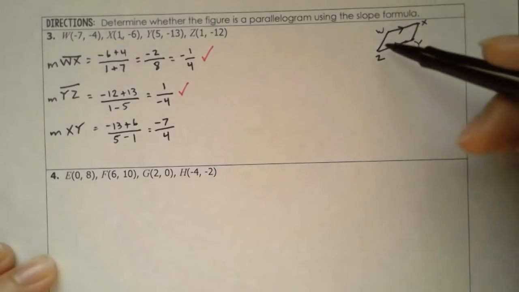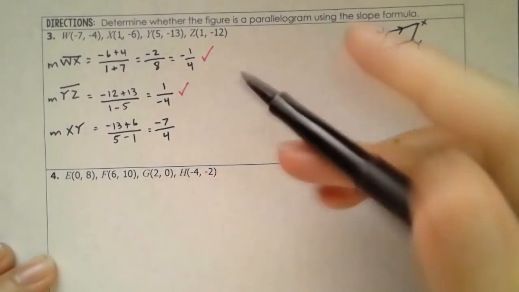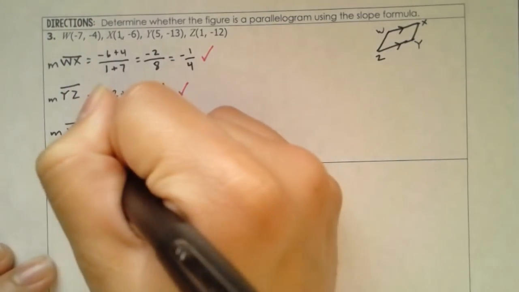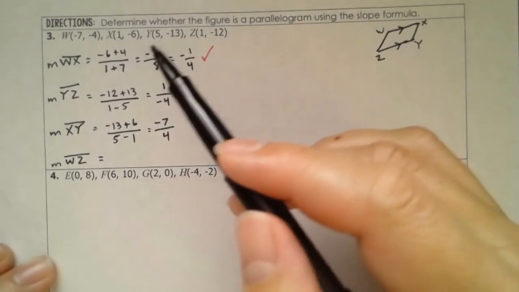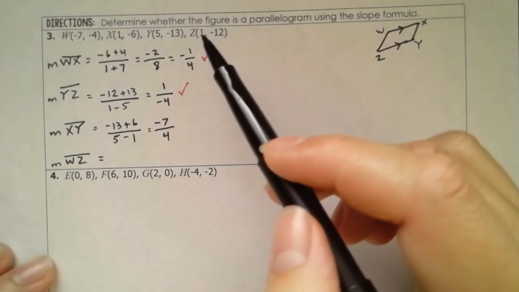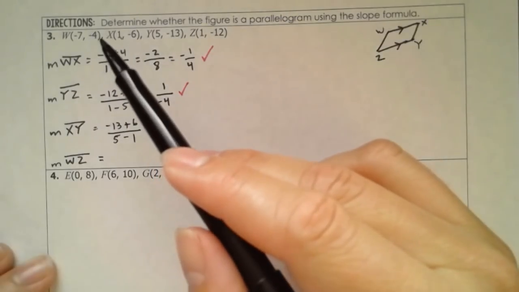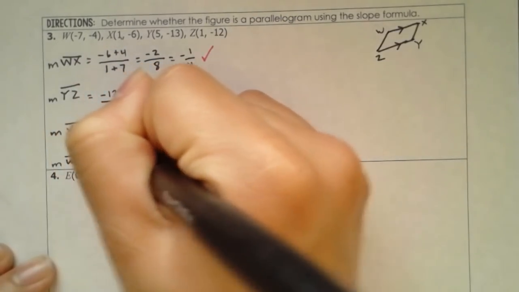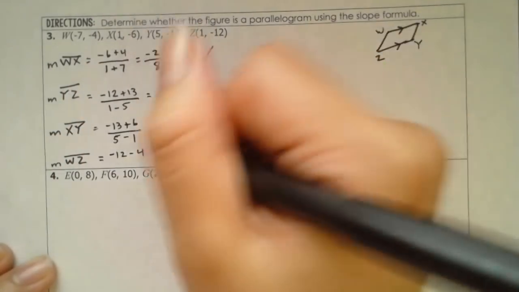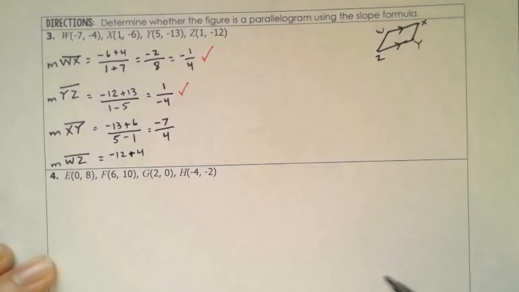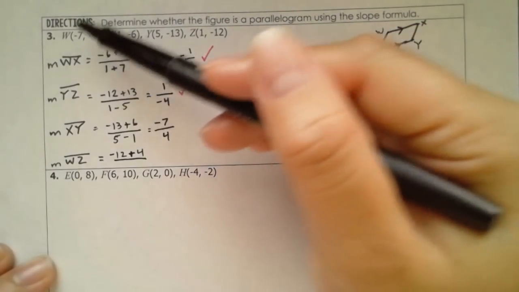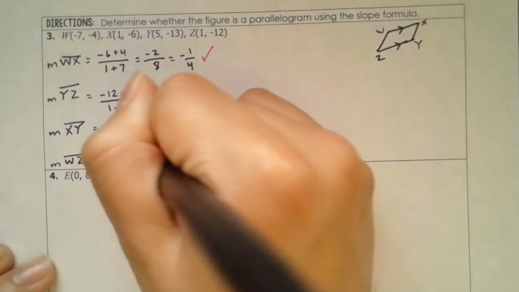Now we need to check that this side, WZ, gives me the same slope. So the slope of WZ is the y's. Where's WZ? So here's W, there's Z. So I have negative 12 minus negative 4, so this becomes positive, over 1 minus negative 7, so it becomes 1 plus 7.